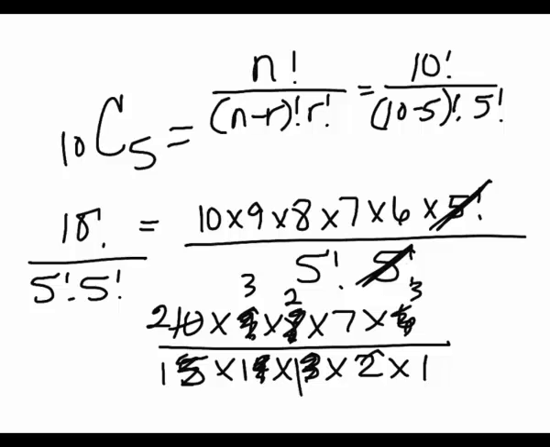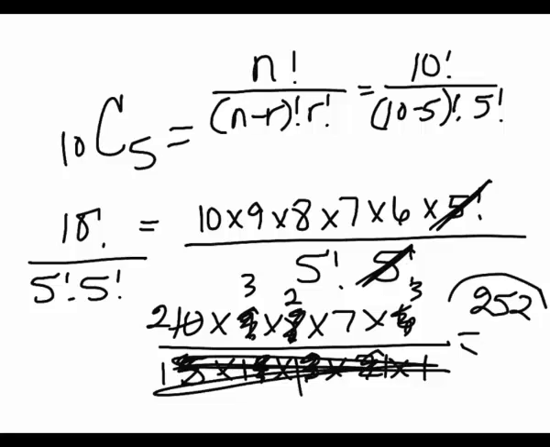That would turn into a 3. That would turn into a 1. So now all I have in my denominator are 1s. It's gone. And this I can do in my head. Well, not really in my head, but you know what I mean. Now it's simpler math. 2 times 3 times 2 times 7 times 3. And I get 252, which is exactly the same thing I got if I were to have a TI-83 or one of those fancy schmancy calculators. You can still do it by hand, okay?